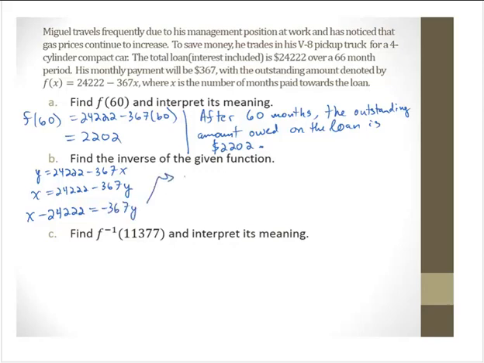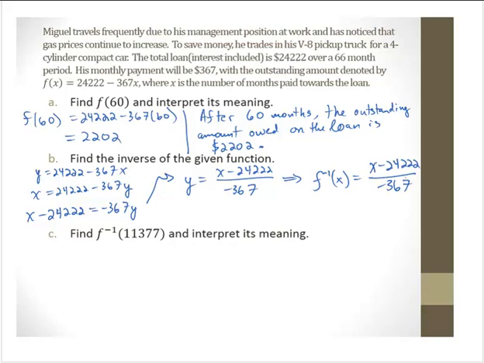So then, dividing through by negative 367, y would equal (x minus 24,222) over negative 367. Let's rewrite that using inverse notation. f inverse of x is (x minus 24,222) over negative 367.